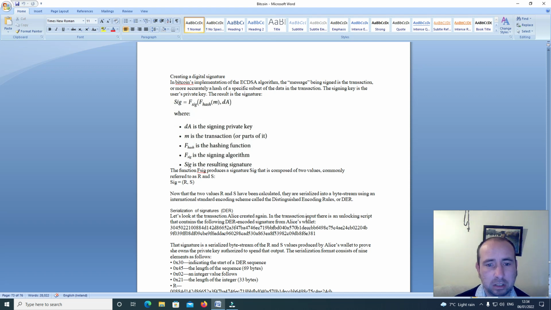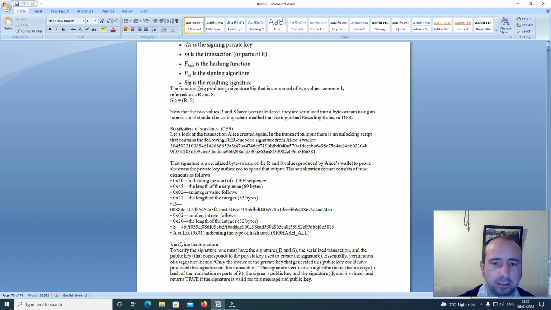The result is the signature Sig = F_sig(F_hash(m), dA), where dA is the signing private key, m is the transaction or parts of it, F_hash is the hashing function, F_sig is the signing algorithm, and Sig is the resulting signature.